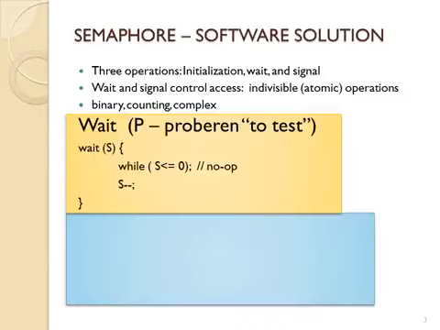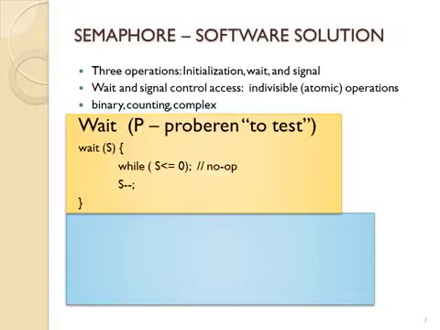So if the semaphore was initialized, say, to 1, and all the processes ran their wait, the first one that ran its wait would be the one that would hold and own the critical section, because if you take a look at this, it says while s is less than or equal to 0, then you must wait and you cannot move. But if s happened to be 1, then this process would be the one that would decrement the s and change it to 0. So it would then own the lock. I'm going to go over an example in a minute. I'm just giving you an overview right now.